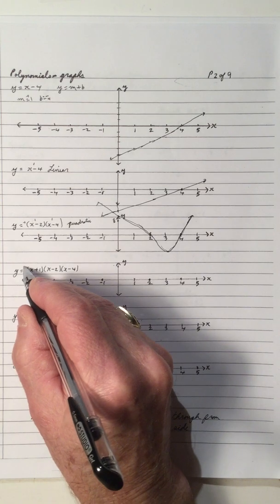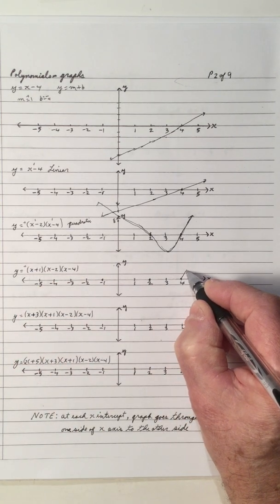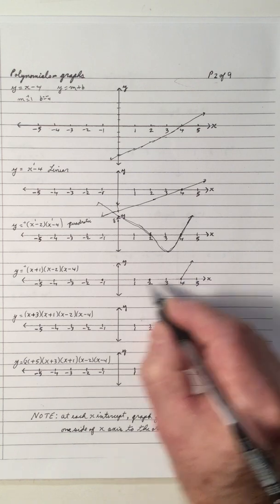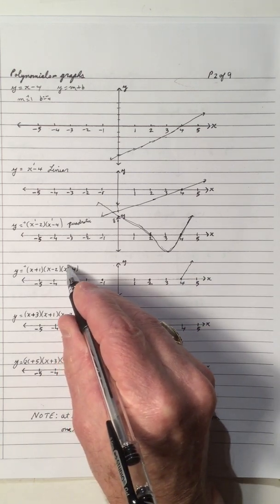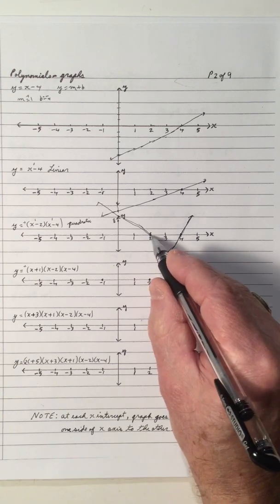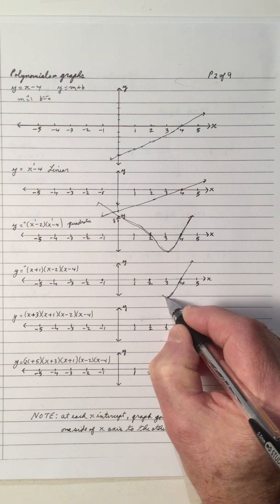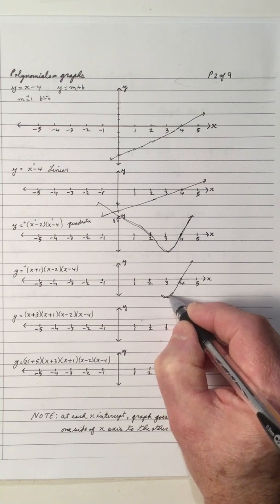Again it's positive, so it moves up from this intercept. Each is a single degree 1 factor, so it's moving on through and coming down. We're not worrying about where the bend occurs.